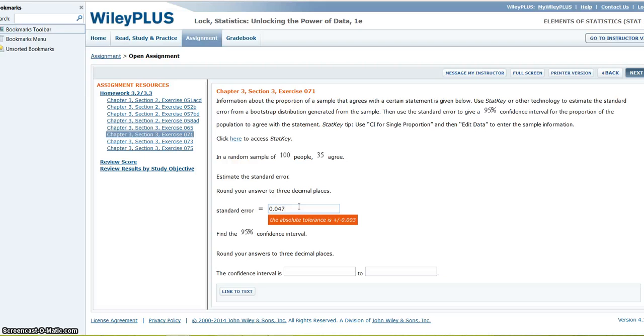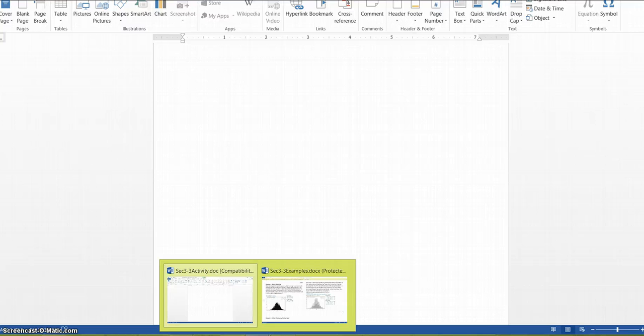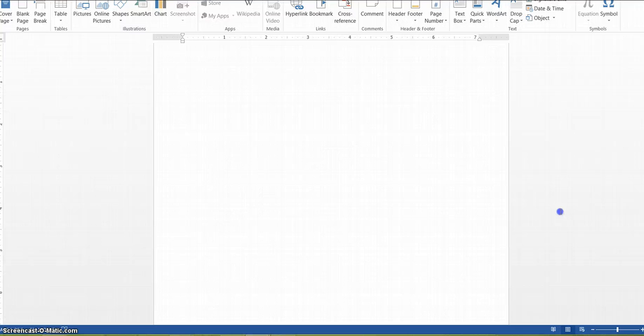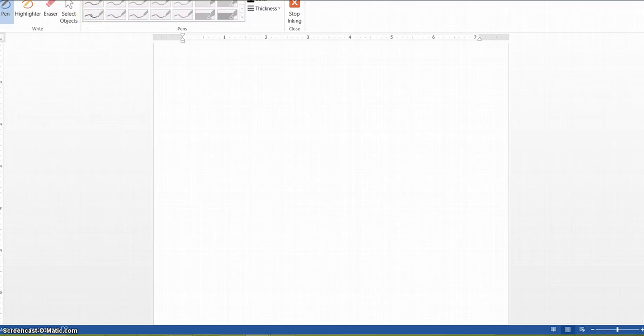Now to find our confidence interval, we are going to take our original sample estimate, our p hat, which is 35 out of 100, and we're going to use our margin of error. I am going to use my point estimate plus or minus my margin of error.